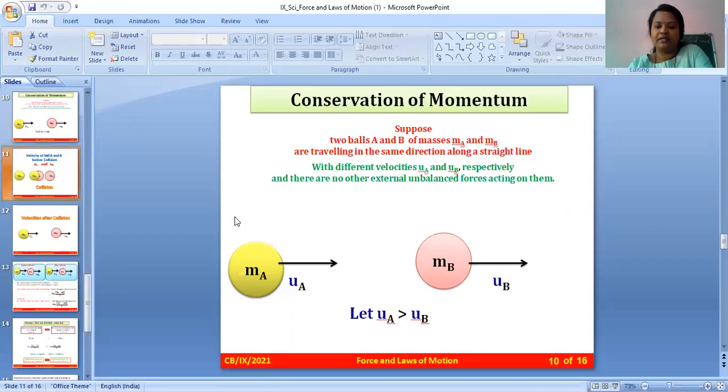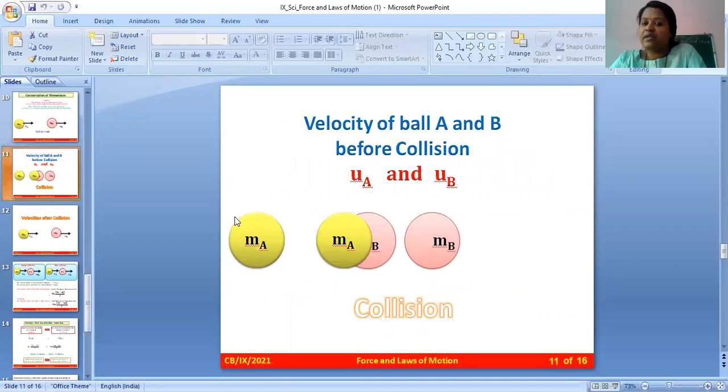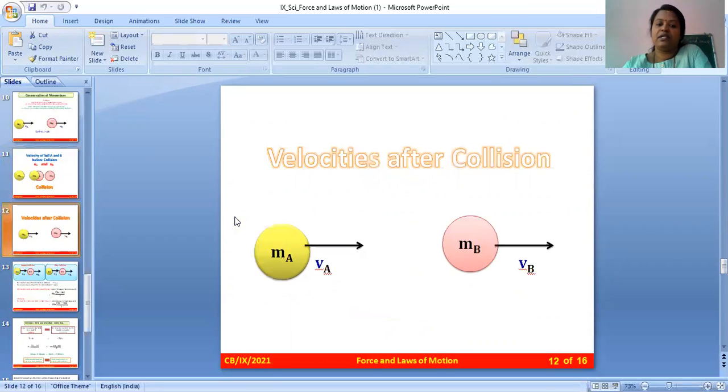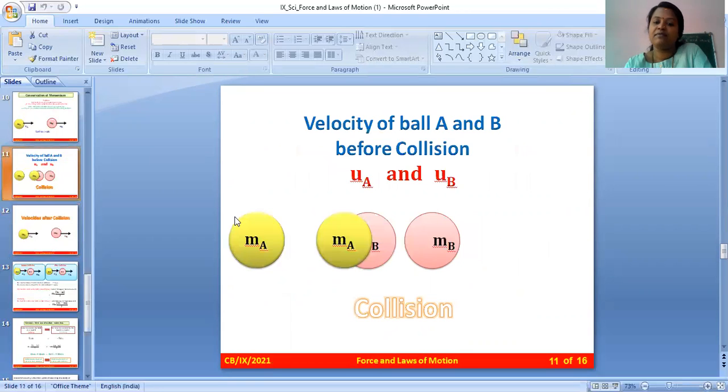So what happens? You could see the velocities of balls A and B before collision. Ball A, with mass mA, has a faster velocity, and ball B, with mass mB, has a lesser velocity.